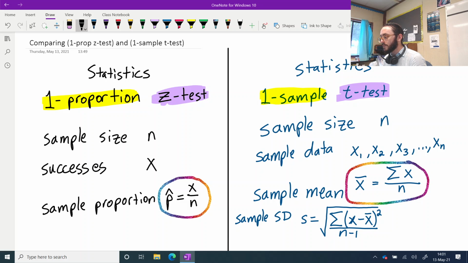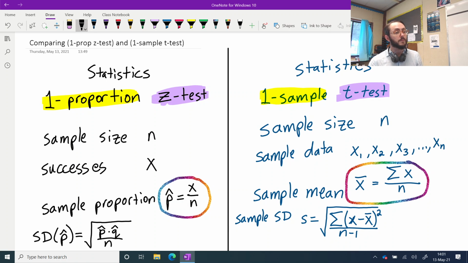Okay. Our standard deviation for the proportion, in this case p hat, okay, which describes our sampling distribution, is the square root of p hat times q hat divided by n.